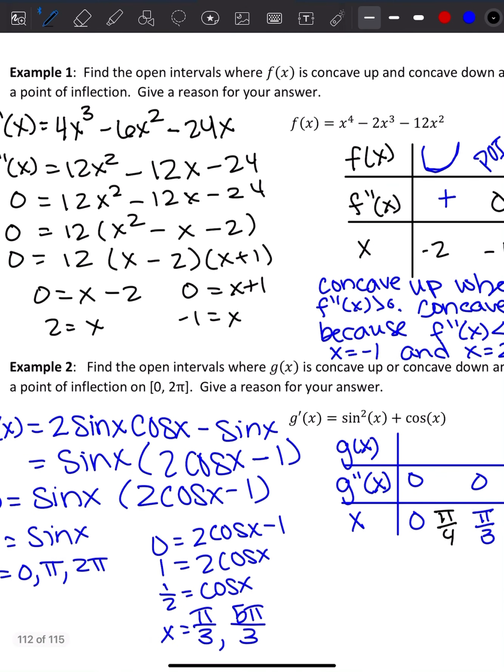Pi over 4. The big thing here is sine of pi over 4, although it is square root 2 over 2, is a positive number. Cosine of pi over 4 is 2 times the square root of 2 over 2. So realistically we have the square root of 2 minus 1. Square root of 2 is a little bit bigger than 1, so we have a positive number times a positive number to give us a positive number. 7 pi over 4.